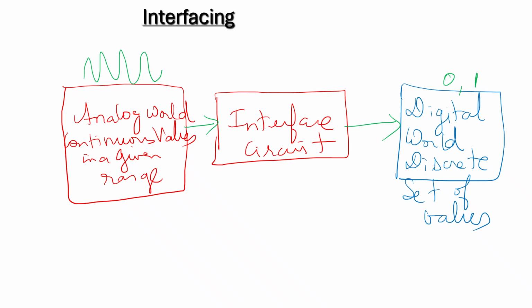If this kind of conversion is happening, that is analog to the interfacing circuit and then to the digital world circuit, then this kind of conversion is called analog to digital conversion. While if the digital world discrete set of values of zeros and ones are fed to the interface circuit, and the output of the interface circuit is fed to the analog world signals, then this kind of conversion is called digital to analog conversion.